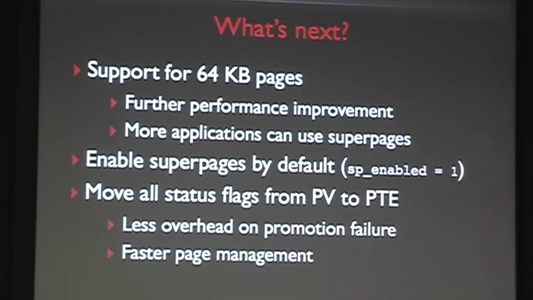So if we enable type extension on ARM on FreeBSD, then we will be able to put those 2 bits in spare bits that will appear in the page table entry, and we will have less overhead on promotion failure, but also overall faster page management on ARM.